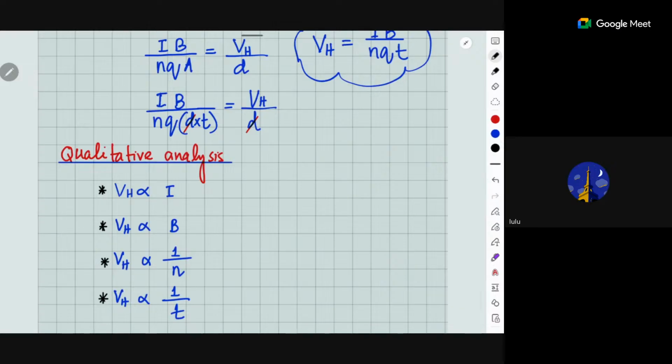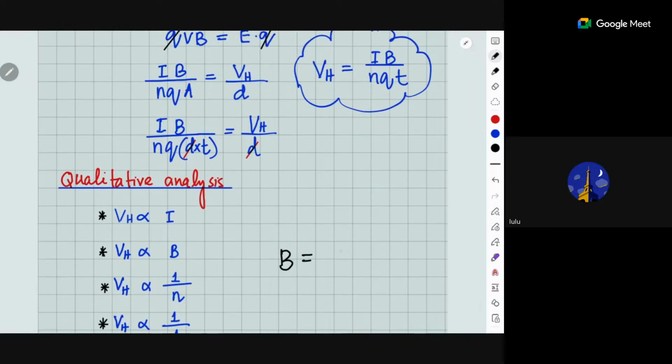Your magnetic flux density from this will be equal to the value of Hall's voltage divided by current in the wire into n q t. Why did I put all these numbers in brackets? Can anybody tell me?